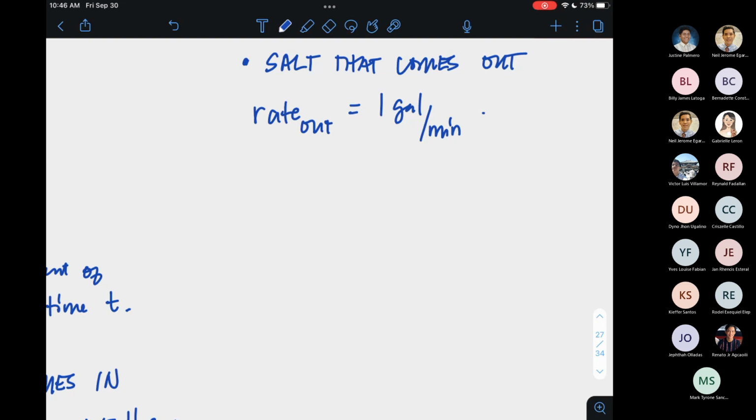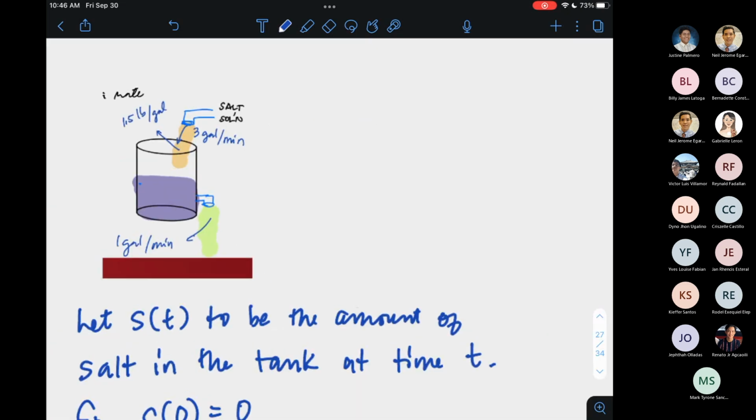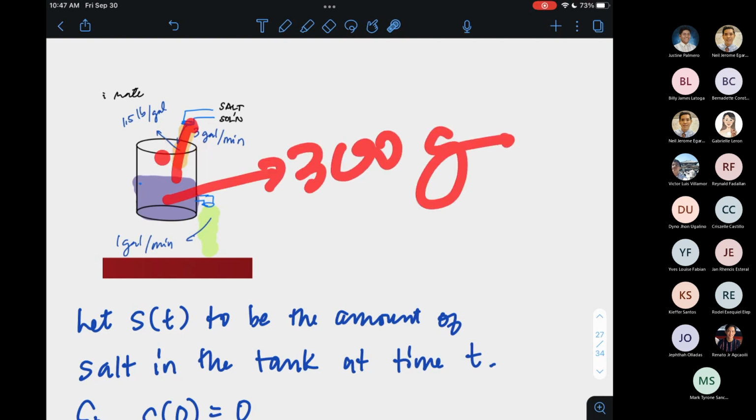1.5 gallon per gallon. Nice try, Reynald and Rensis. Pero ang idea, hindi na siya 1.5 pound per gallon. Kasi nga, 1.5 pound per gallon dun sa original solution. Pero dahil meron ako ditong 300 gallons, tapos nagdagdag ako dito ng solution na may 1.5 pound per gallon, ibig sabihin na-dilute na yung salt dito.